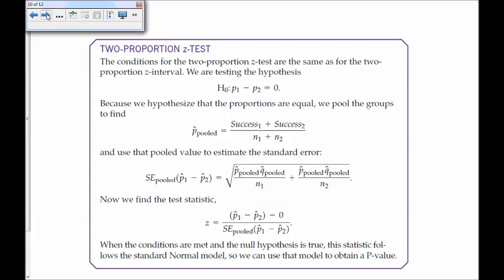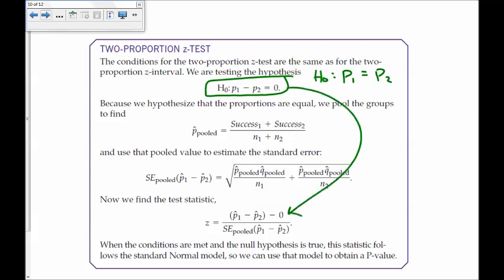So here is the purple box from the textbook. It outlines that our null hypothesis will usually be written this way: P1 minus P2 equals 0. Now there's nothing wrong with saying P1 is equal to P2. That's what it's mathematically equivalent to. But for the calculation, having it be 0 helps in knowing that a 0 should go right there in the equation.